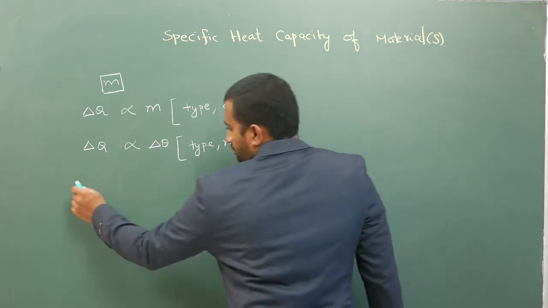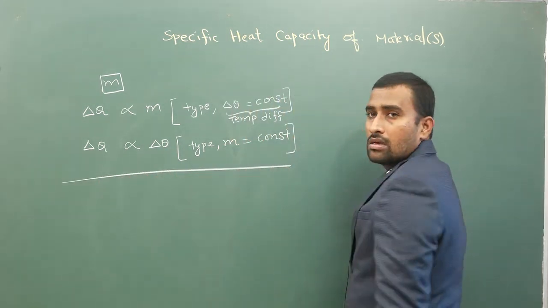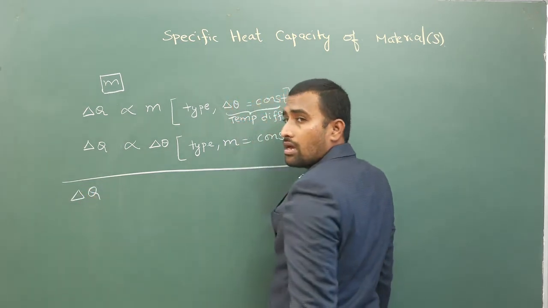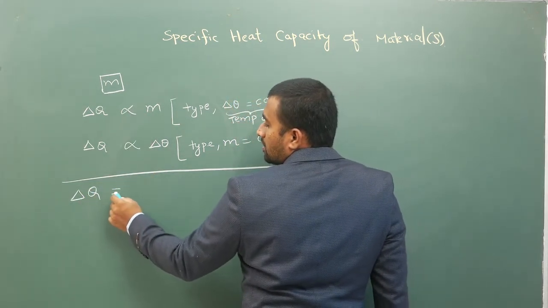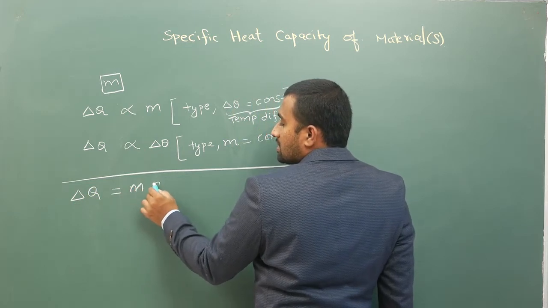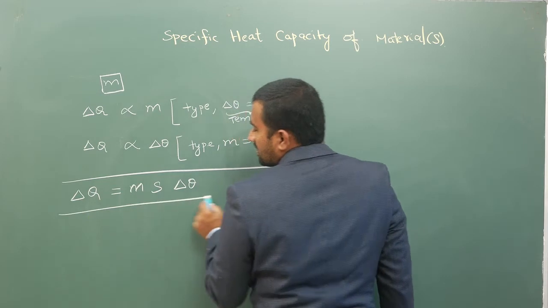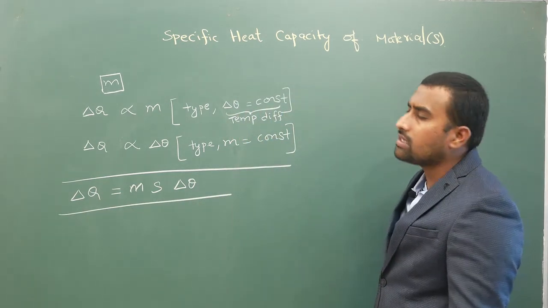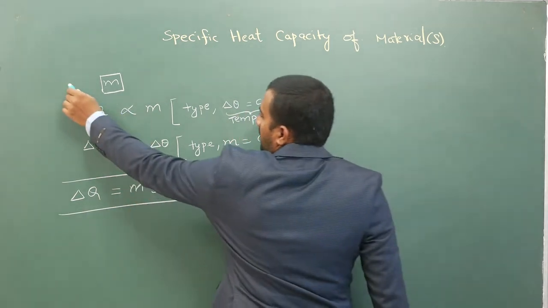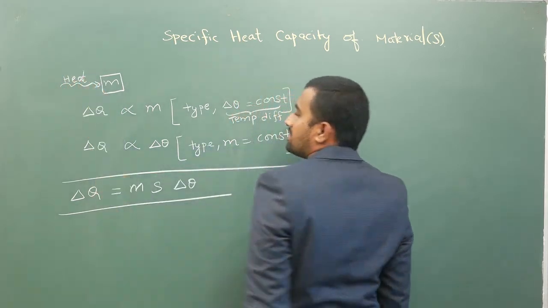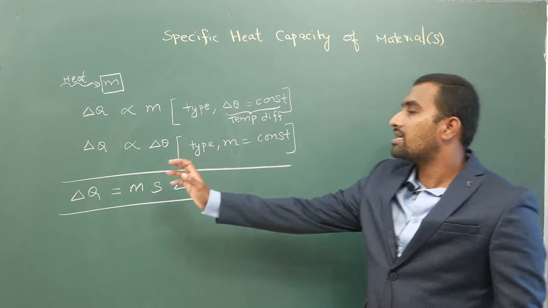Removing the proportionality constant, you write your heat energy delta Q as mass m into specific heat S into delta theta. So what are you doing? You are taking a substance of mass m and giving it some heat energy.